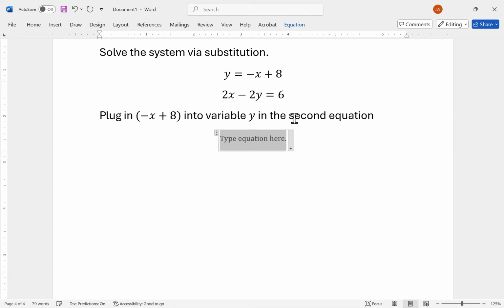So what that does is it takes this expression, since I know that expression is equal to y, and I plug it in for the y in that second equation. So I'm going to get 2x minus 2 times the quantity negative x plus 8.